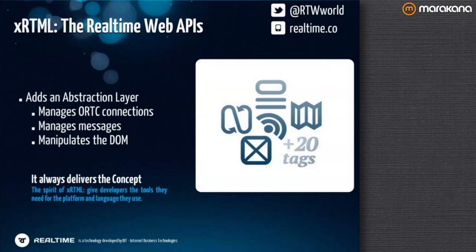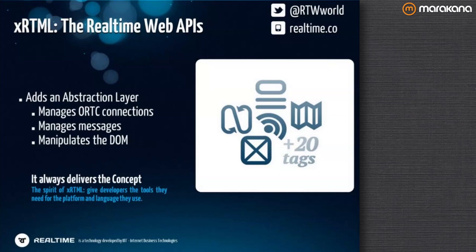XRTML goes a bit further by adding yet another abstraction layer, okay? Working with ORTC is not difficult. It's actually kind of easy once you grasp all the concepts and you start coding. But we also wanted to provide you with another layer of abstraction that allows you to work even faster. So we are managing the connections for you.